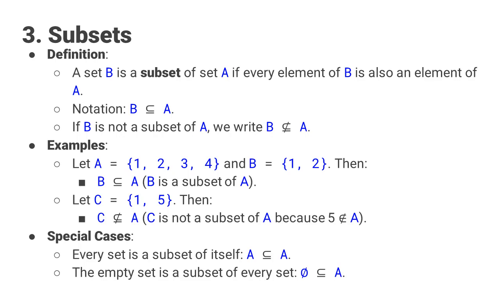If you remember, we discussed in the last lesson that every set contains phi, no matter what the other elements of this set are. So now phi is a subset of every set. Phi is a subset of A.